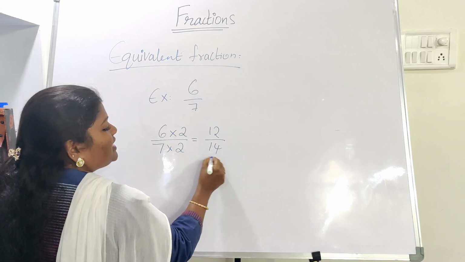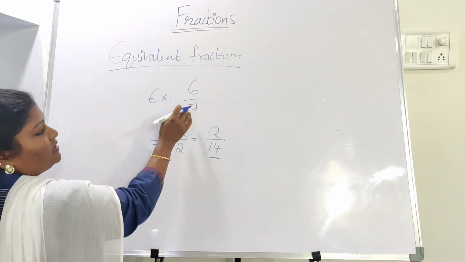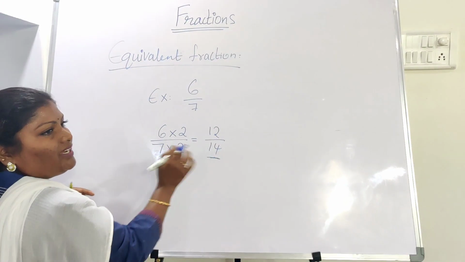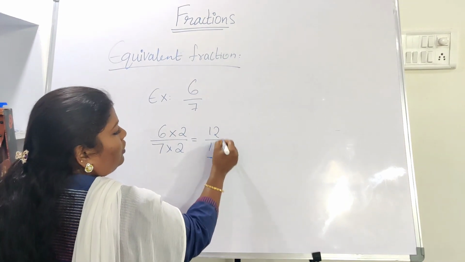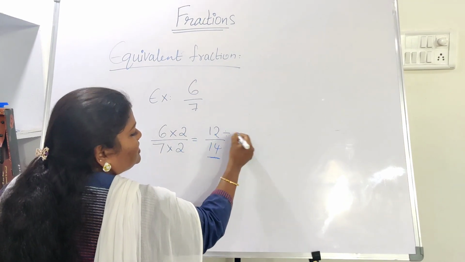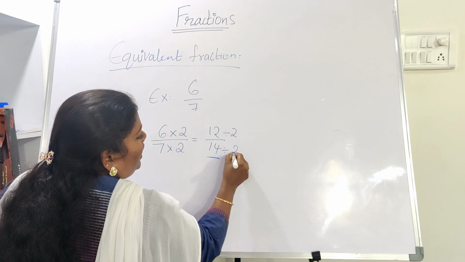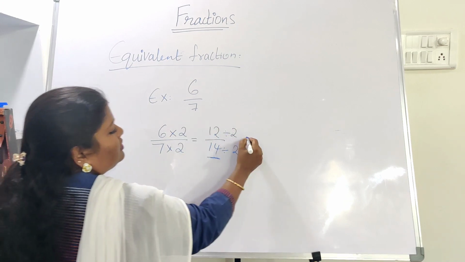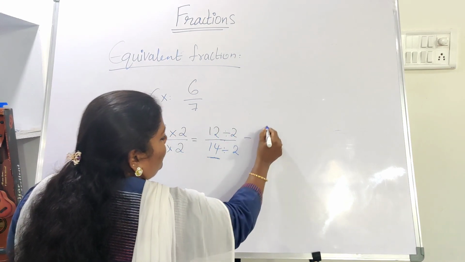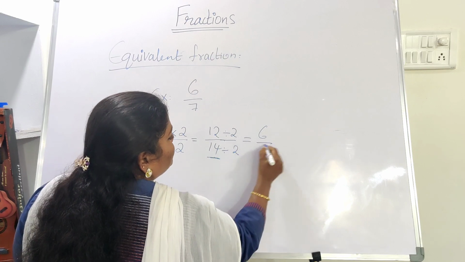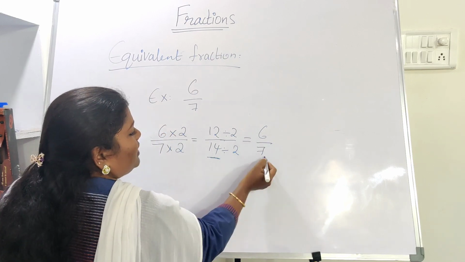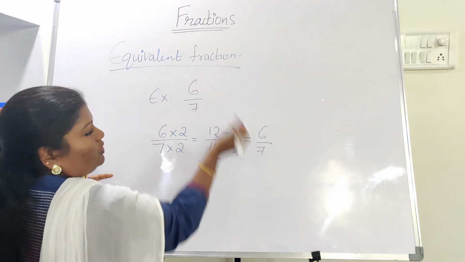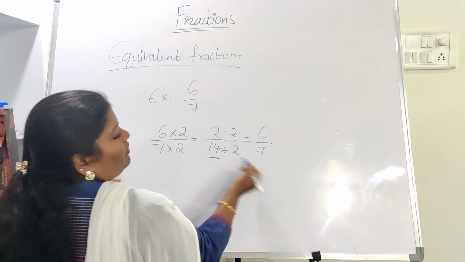So this is an equivalent fraction for 6 by 7. Why is it called equivalent? If I divide this by the same 2, I am going to get the original one. 12 divided by 2 is 6, 14 divided by 2 is 7. So I get 6 by 7, the original one. So this is called an equivalent fraction.